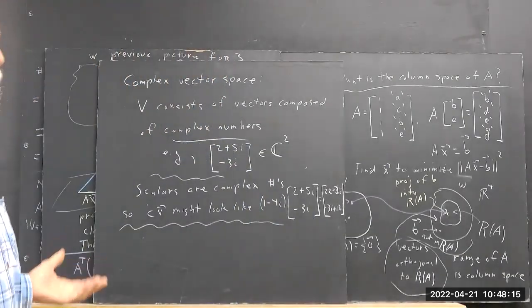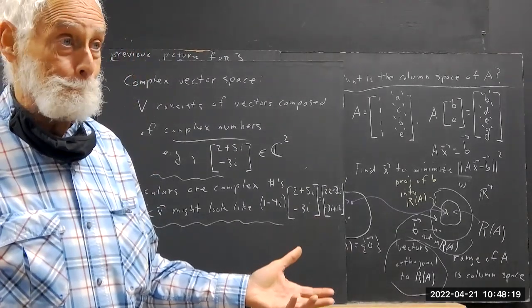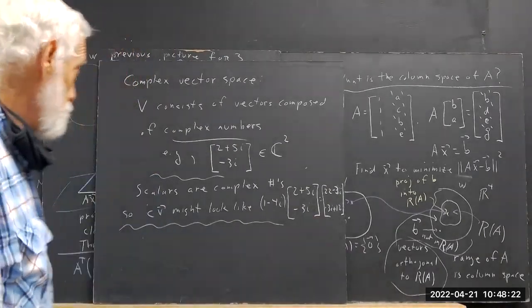So you could have a linear transformation defined by a complex matrix, right?